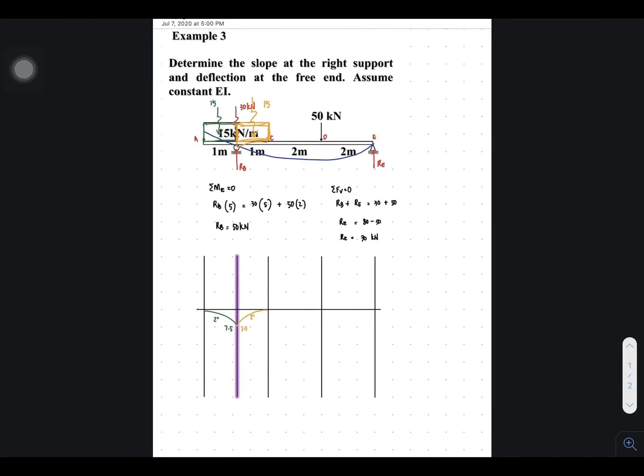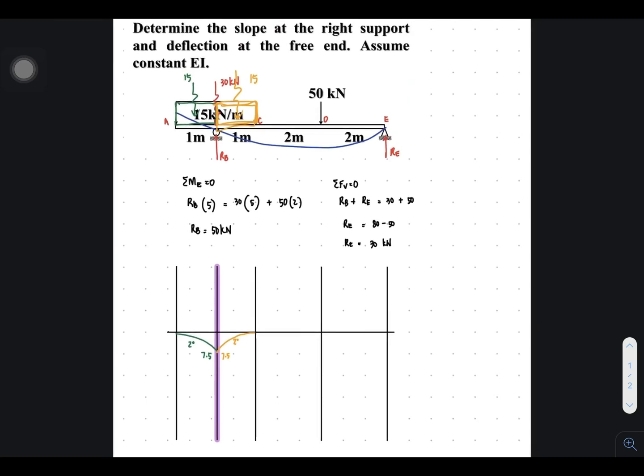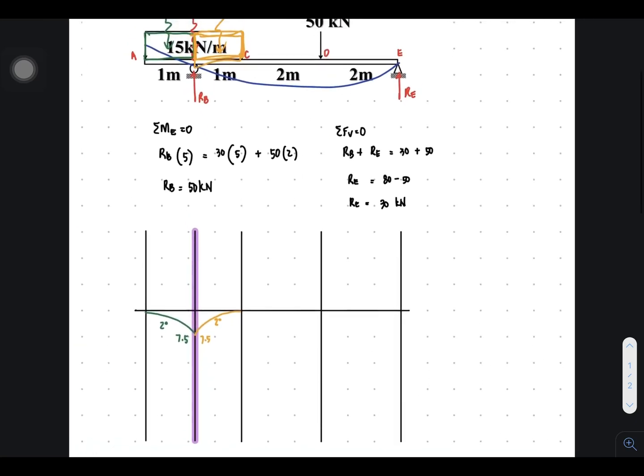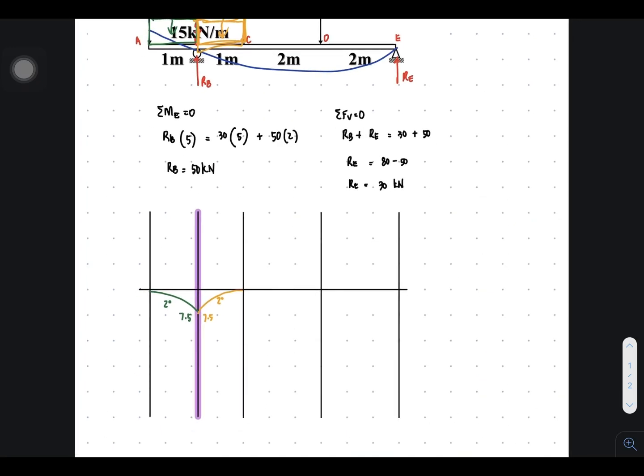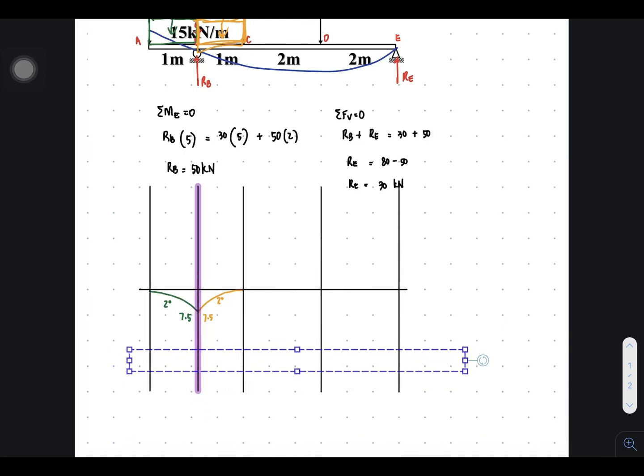Next, the RE. So RE times 5. So RE is 30. 30 times 5, 150. So it is 150 upward. So can we transfer this? That.